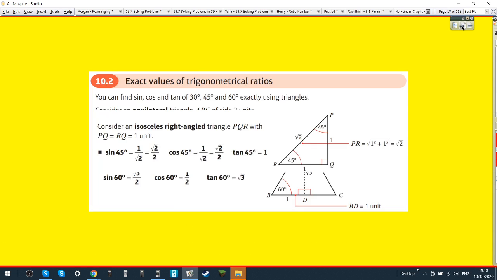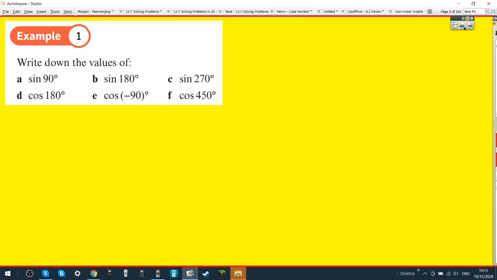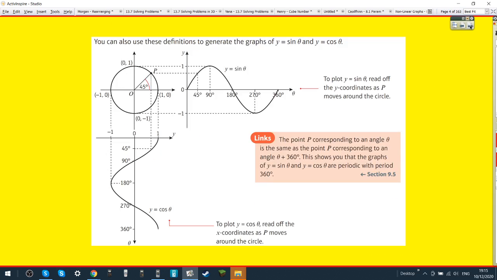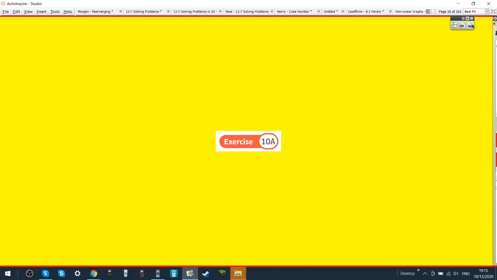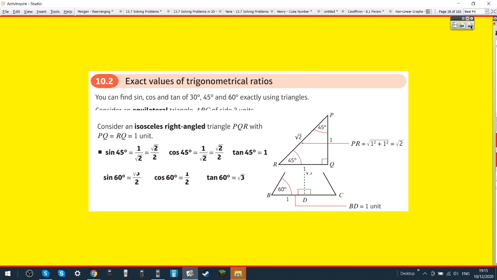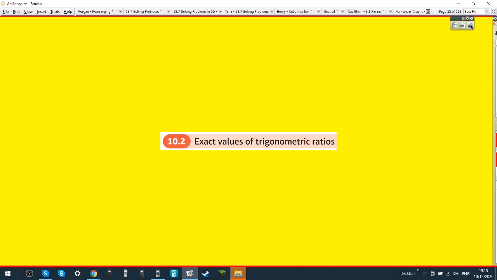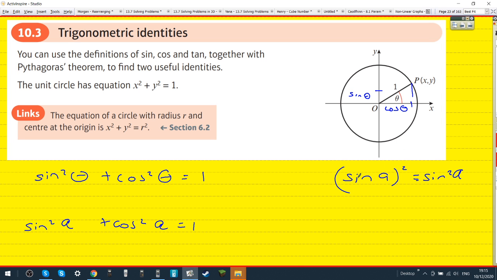Sine squared A just means sine A all squared. And so cos squared theta means cos theta squared.